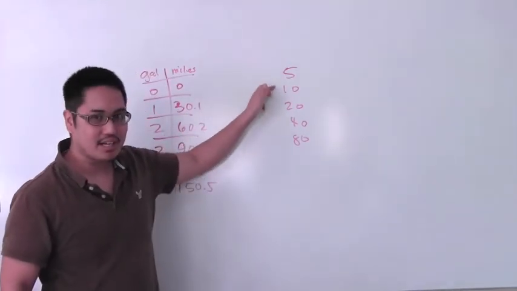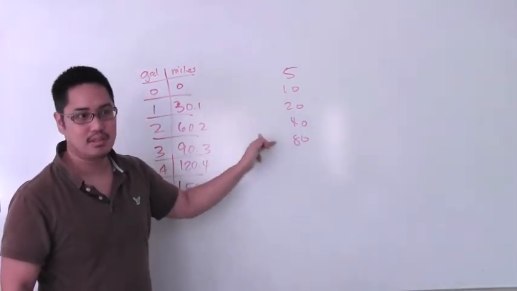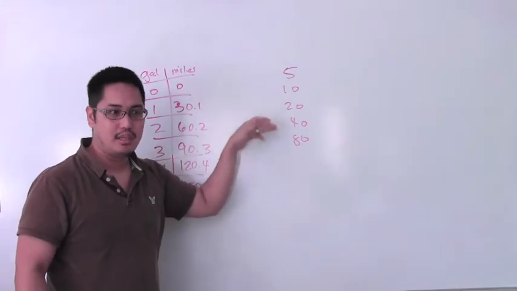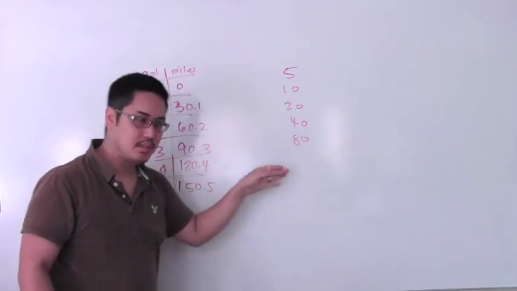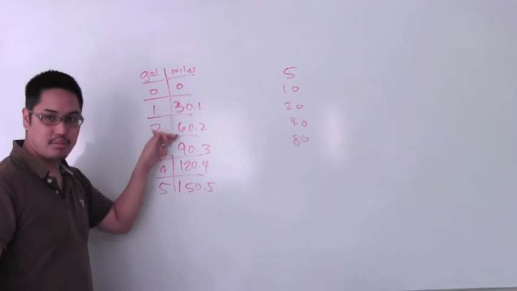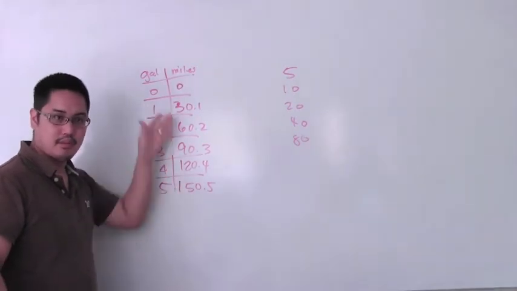I'm not adding by a constant number to get to the next one. I'm multiplying. Ergo, not a linear function. With this one, you took the number above and you're adding 30.1 each time. I'm adding by a constant 30.1 every time. Linear function.